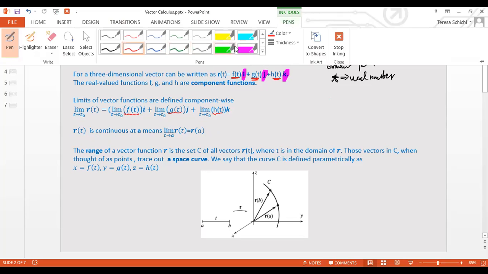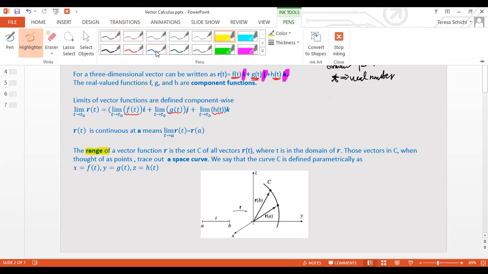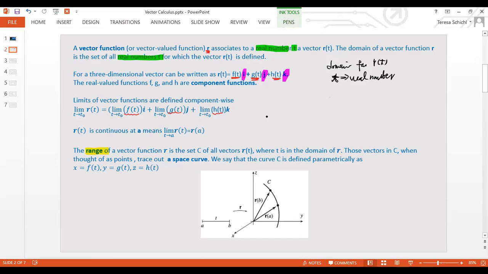The most important part here is the range of the vector functions. Like in Calculus 1, when you talk about the parametric function, the range is a curve in R2. The range of this vector function is a set C of all the vectors r(t), where t is in the domain.